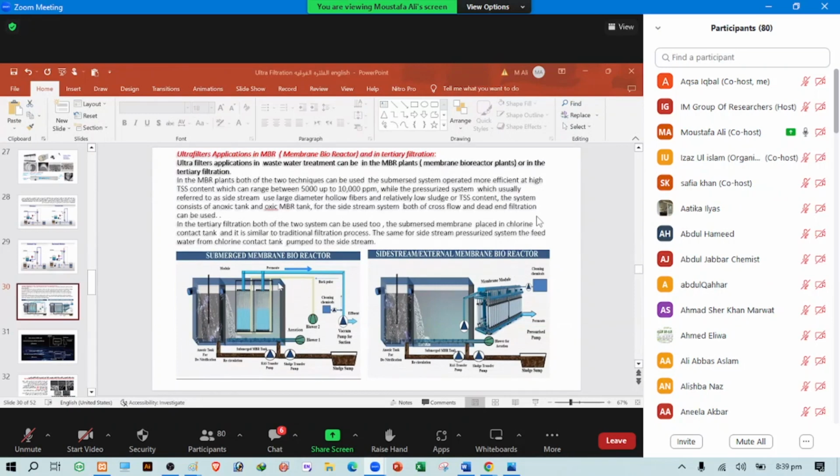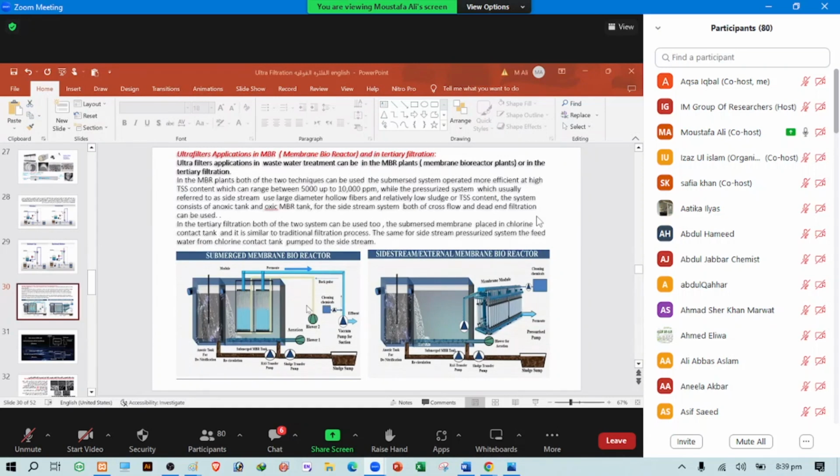We should consider that in the submerged system we run with very high concentration, the highest concentration in wastewater treatment plants. But for the sidestream, it should not exceed maybe 200 or 150 ppm, which is a really tiny amount.